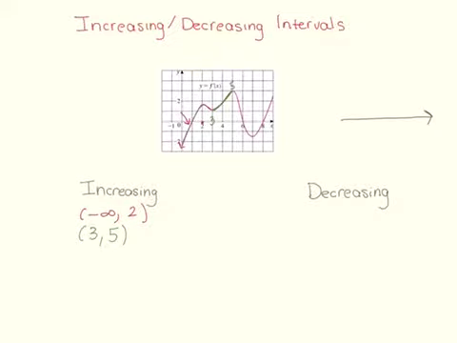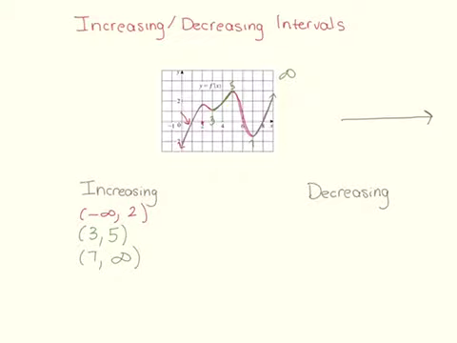Then I'm going back down again here, going down, going down, going down, all the way to here when I start going back up. So I start at, this is at 7 right here. Now I'm increasing again, I'm going up towards infinity. So it started at 7 and it goes up towards infinity.